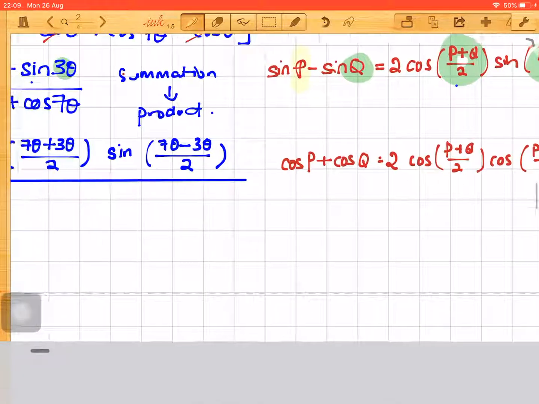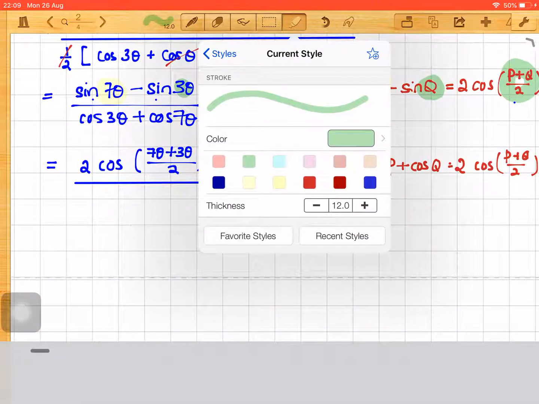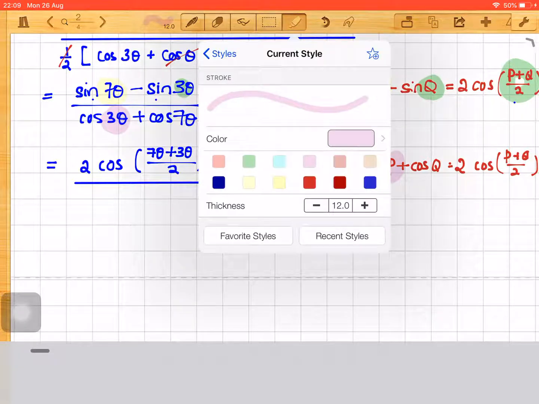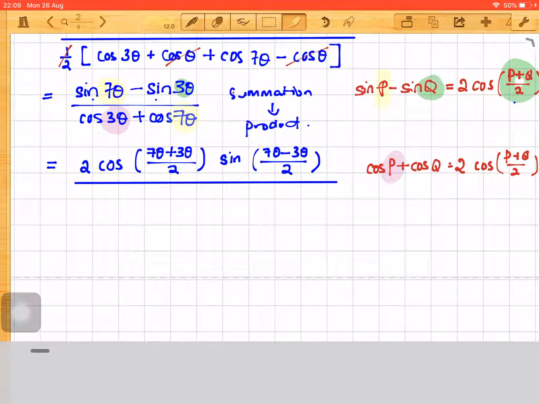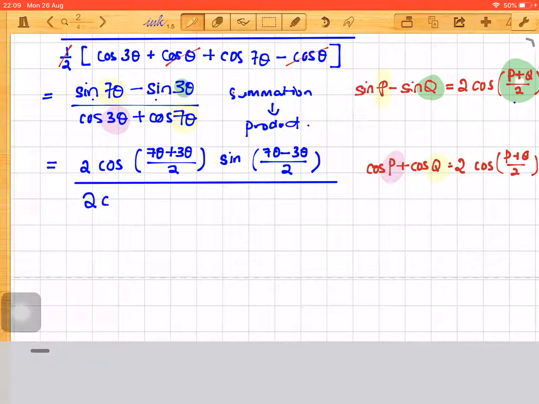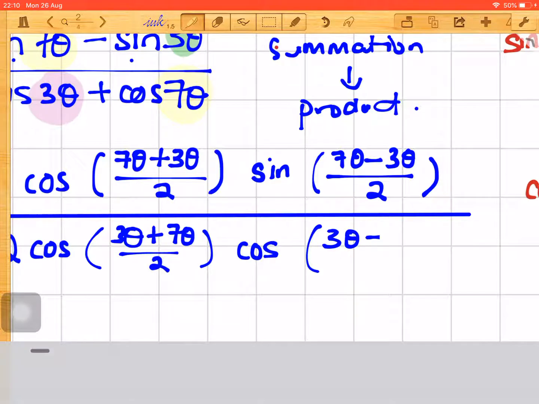Using this formula, I hope you can guess already what is your p and your q. Alright, just put it into the formula. 2 cos (3 theta plus 7 theta) over 2 and cos (3 theta minus 7 theta) over 2.